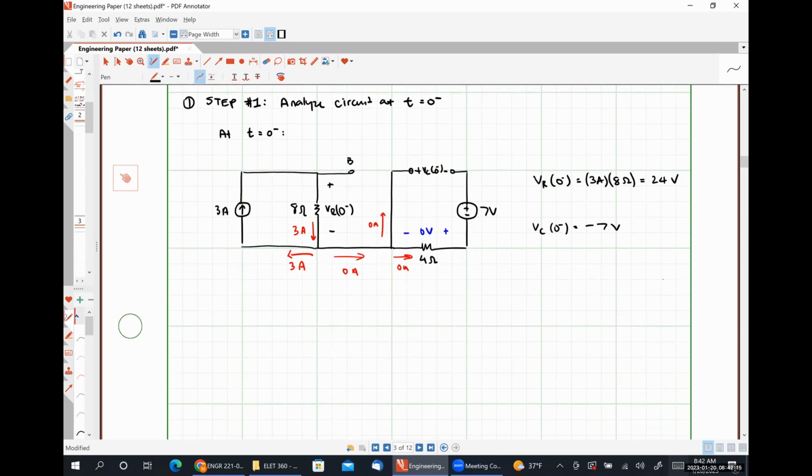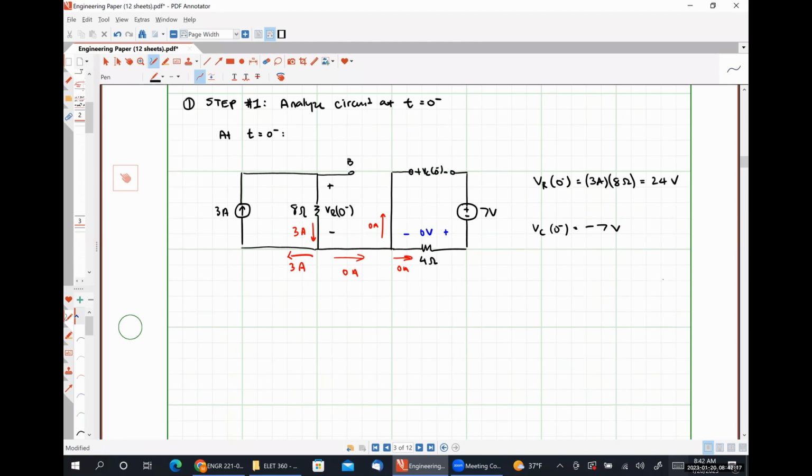All right. So our next step is going to be to analyze our circuit at t is equal to 0 plus.